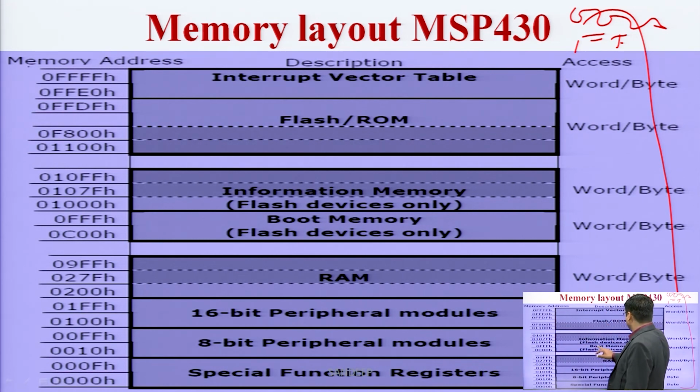We can see that information memory and boot memory are available from 0C00 to 0FFF, flash memory from 1100 to 0FFDF, and the interrupt vector table is in the last part up to FFFF. All this is contiguous memory space, and the data can be accessed either as a word or a byte, that is, 16 bits or 8 bits.